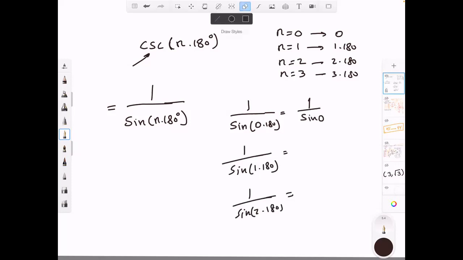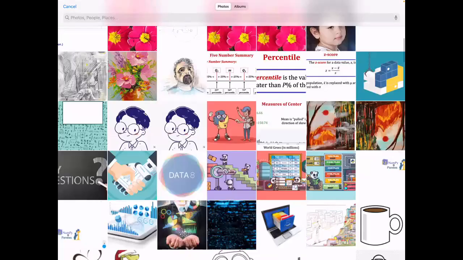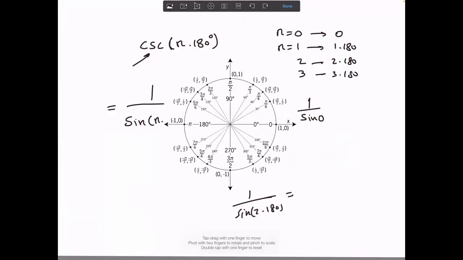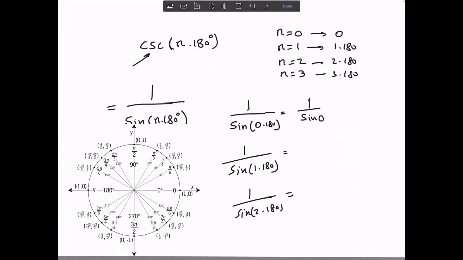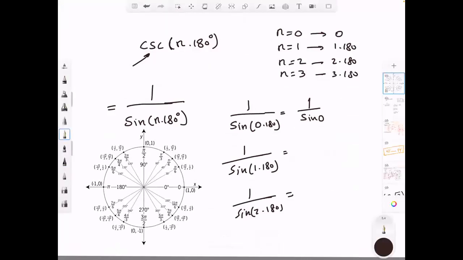If you see a circle, let me bring up the unit circle. Correct. So sine of 0 is 0.